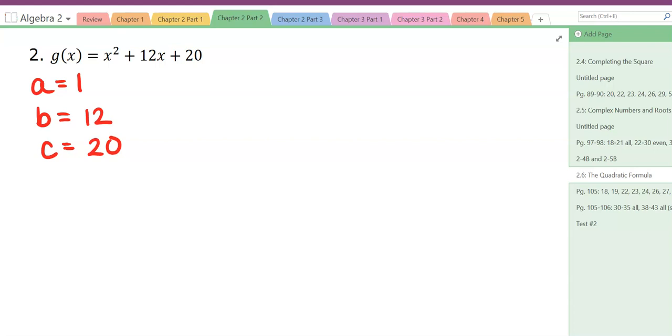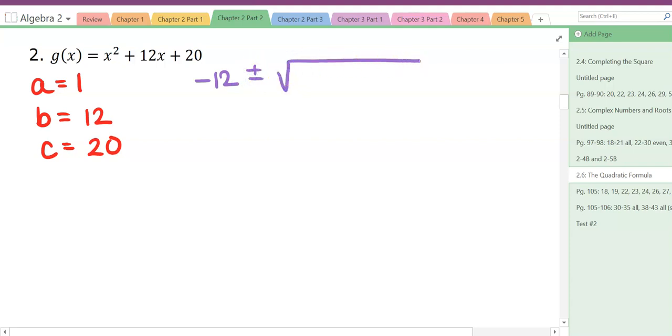Okay, so we're going to start with opposite of B, so negative 12 plus or minus. Big square root here. Underneath the square root you have b squared, so that's your 12 squared, minus 4 times a, which is 1, times c, which is 20. All over 2 times a, 2 times 1.